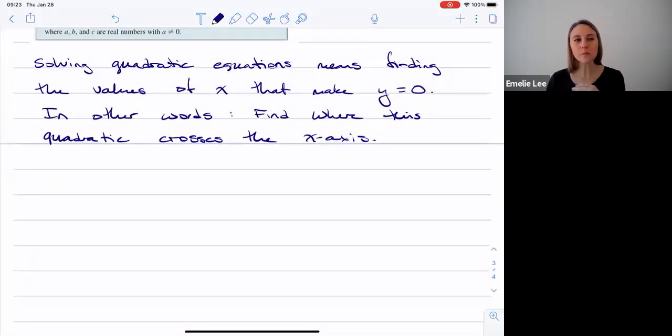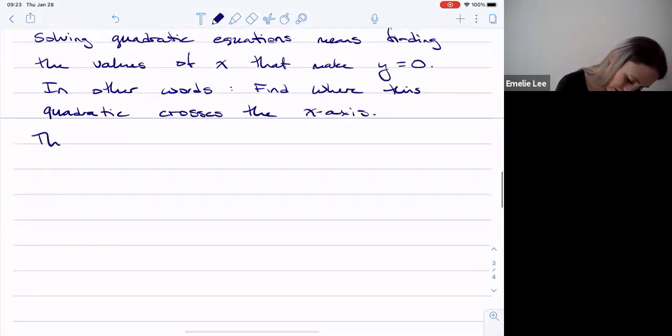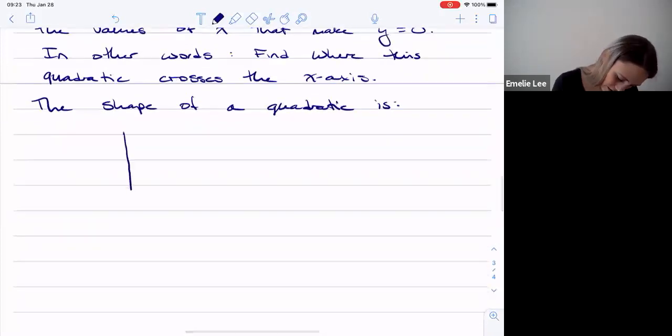Okay. Now, a key thing about quadratics is the shape of a quadratic. You could have something like this. I'll do it in a different color, right?